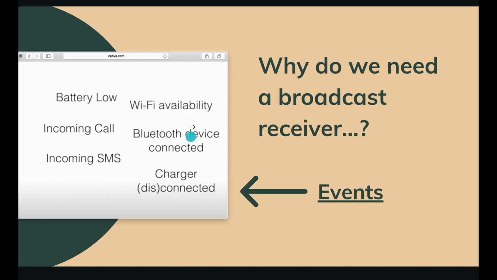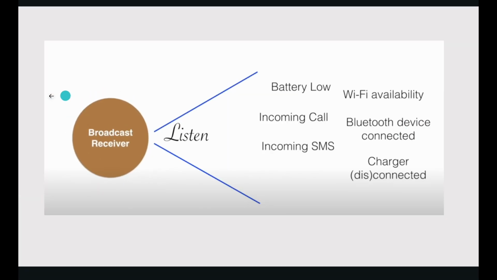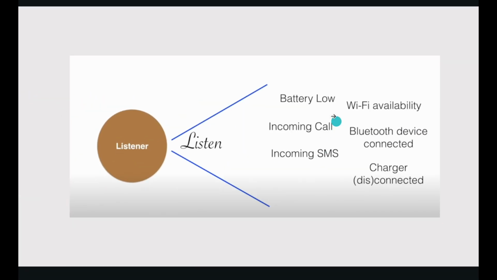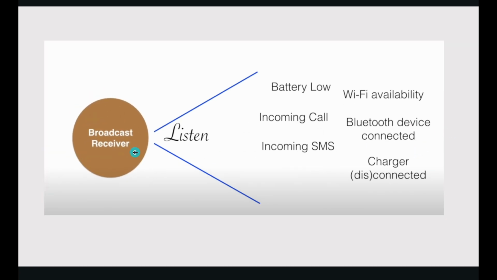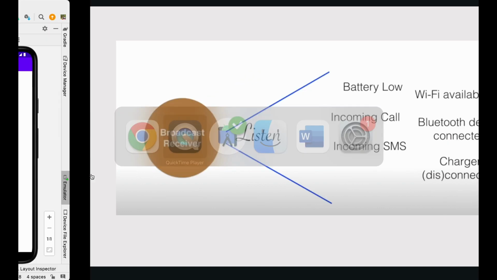That work is done by this broadcast receiver. So simply low battery, incoming call, incoming messages, or whatever, all these requests are sent to a listener. This listener listens and sends to the user. So this listener is called a broadcast receiver. Broadcast receiver is also one of the important topics in Android.